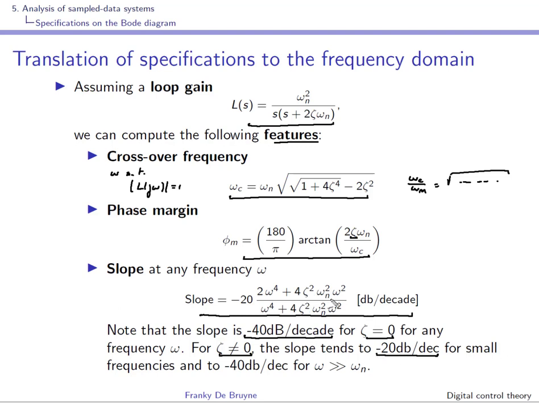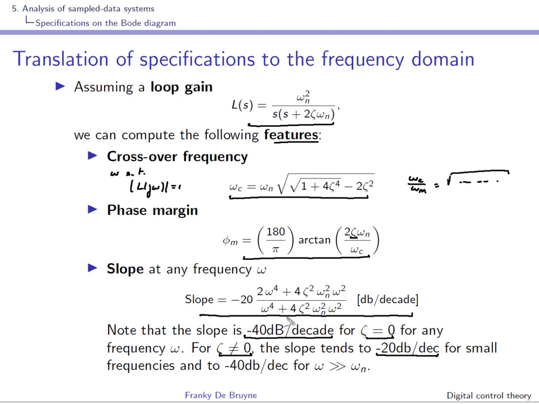And indeed, if we put a small value of omega in here, well, what will happen is that these omegas to the power 4 will become really small, and so you can cross out these powers over here, and you have exactly the same thing at the numerator and denominator, so you find minus 20 dBs per decade.